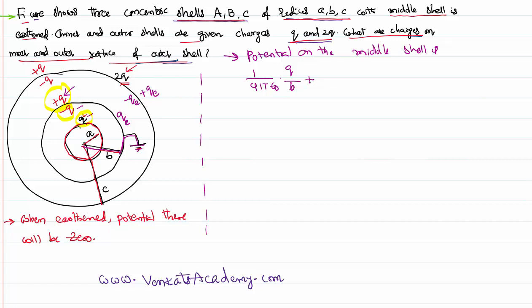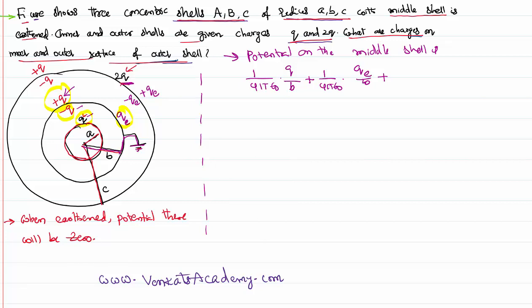Plus, there will be electric potential due to this charge. How much is that? 1 by 4 pi epsilon naught QE by b. That's the other one. And there is another electric potential due to this 2Q.